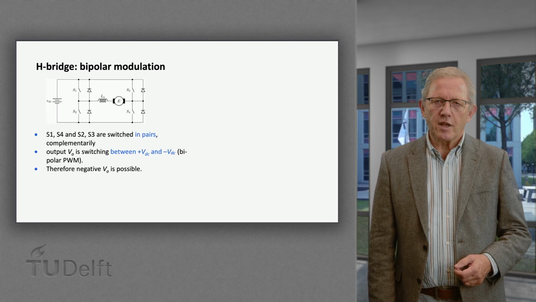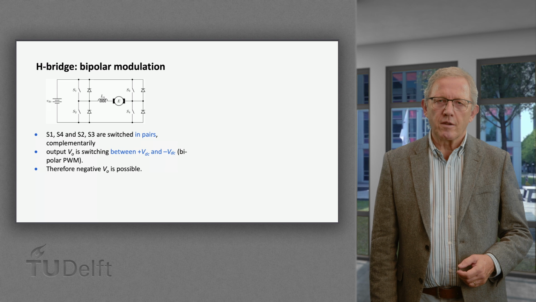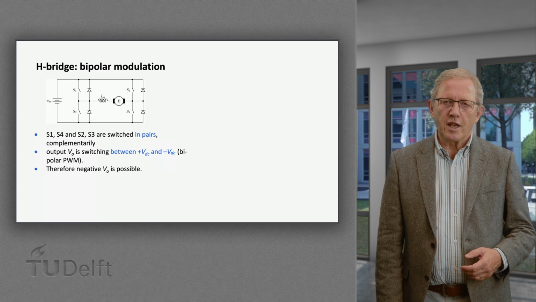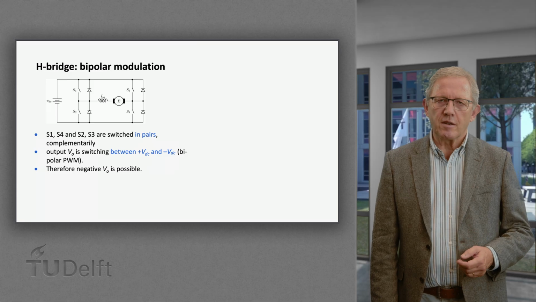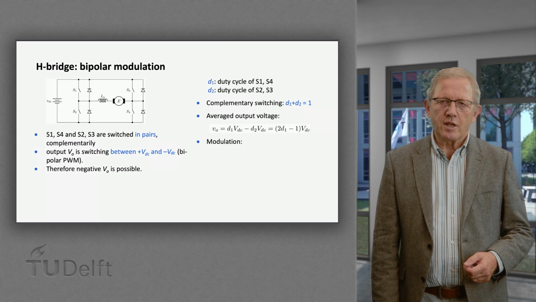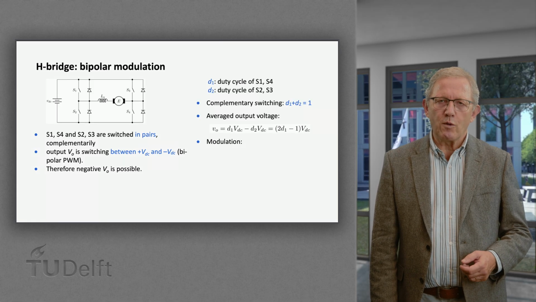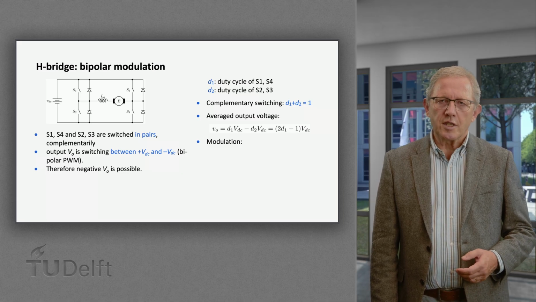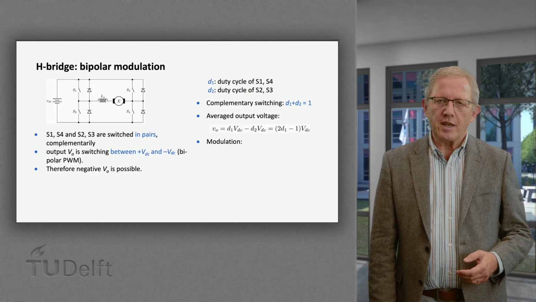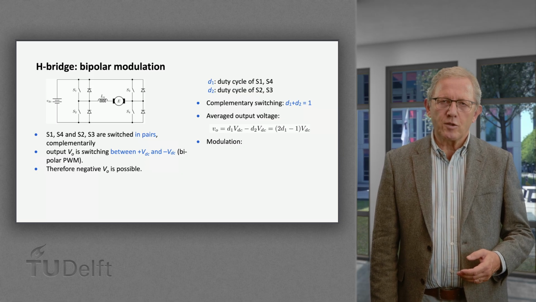This way of operation is called bipolar modulation, because the output voltage is always switching between positive VDC and negative VDC. Let the duty cycle of S1 and S4 be D1, and that of S2 and S3 be D2. Since both pairs switch complementarily, D1 plus D2 must be 1.